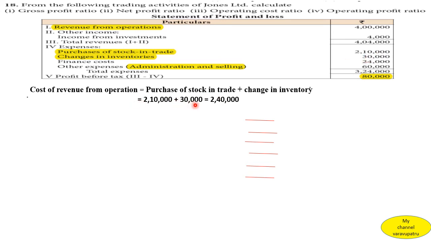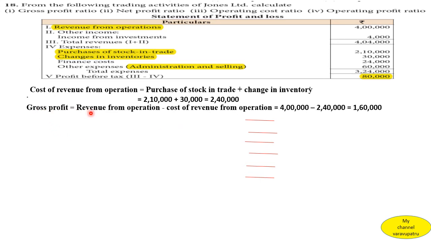So 2,10,000 plus 30,000 is equal to 2,40,000. Gross profit is equal to revenue from operation minus cost of revenue from operation. Revenue from operation is given as 4 lakhs, cost of revenue from operation we found, 2,40,000. 4 lakhs minus 2,40,000, 1,60,000 is the gross profit.